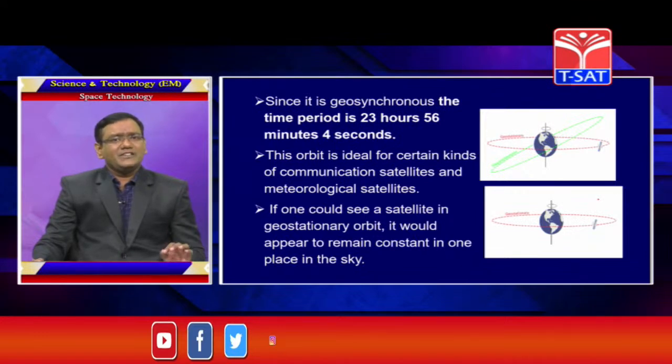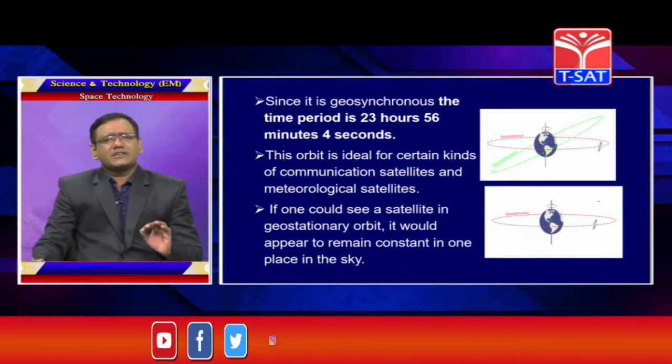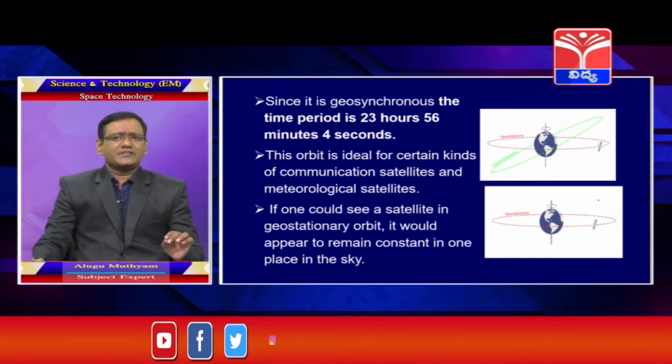If one could see a satellite in the geostationary orbit, it would appear to remain constant in one place in the sky, at whatever time you look at it. Since it remains constant, it is easy to send and receive signals from a particular region.